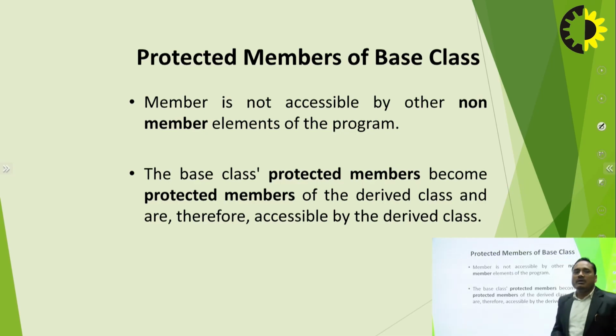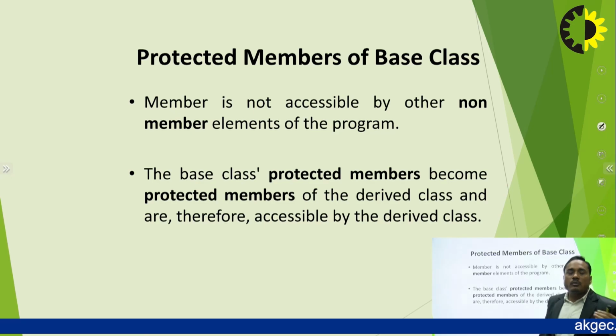The derived class has the protected members because it has the limitation. So that's why it is inheriting the property of the base class. Protected members of the base become protected members of the derived class and are therefore accessible by the derived class.